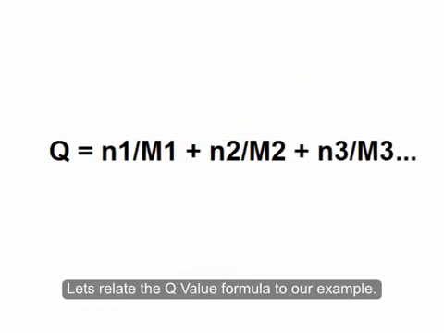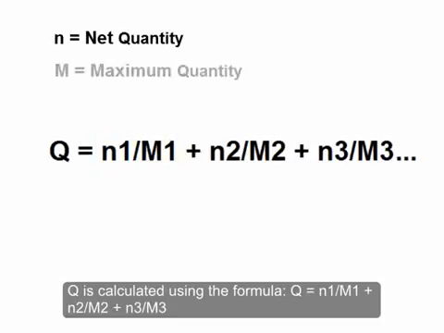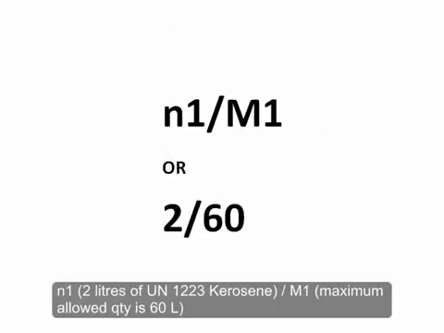Let's relate the Q value formula to our example. Q is calculated using the formula Q equals N1 over M1 plus N2 over M2 plus N3 over M3. N1, 2 litres of UN 1223 kerosene, over M1, maximum allowed quantity is 60 litres.